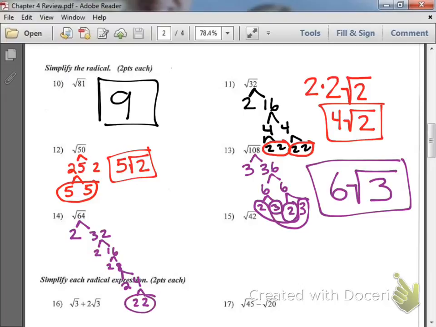So here's a pair of 2's, here's a pair of 2's, here's a pair of 2's. Everybody have it? So I have a 2 and a 2. What's 2 times 2? Times another 2? No. 2 times 2 is 4, times another 2, 8. What do you have left over inside the square root?